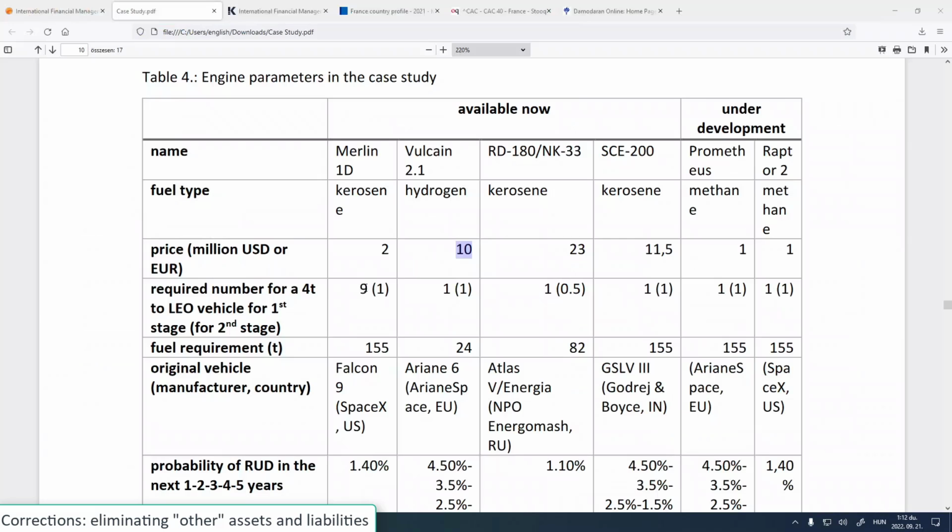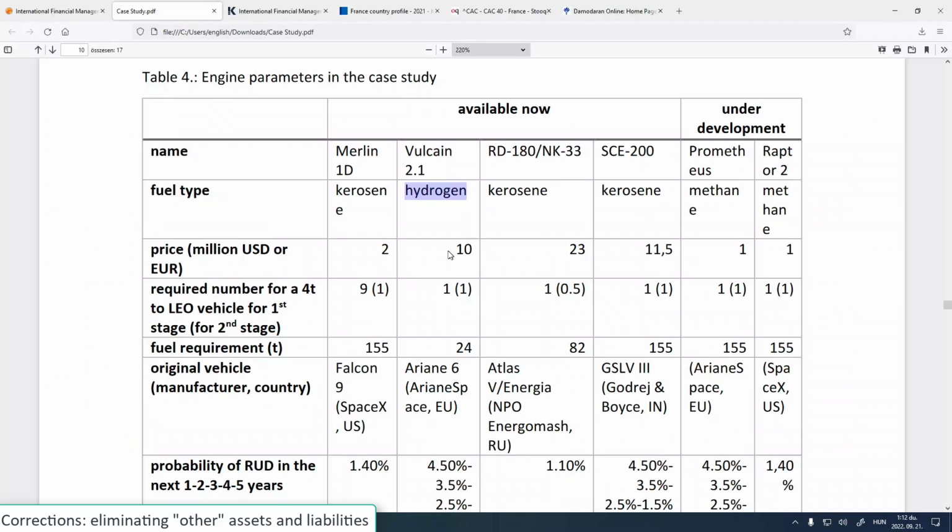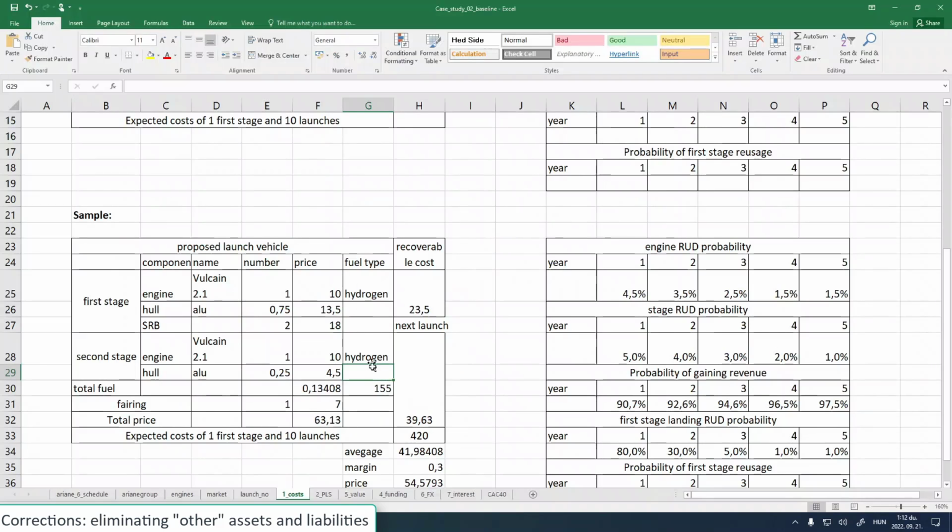Okay, fuel type, it's hydrogen. The nightmare of NASA right now. Okay, fuel requirement. It's so funny that hydrogen is practically the lightest element on Earth, so we can see that, oh, we need just tonnage, it's useless, but practically the fuel tank will be bigger than in the other cases because it's absolutely not a dense material.